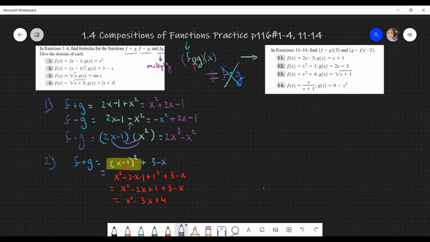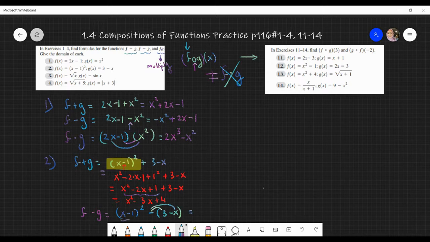Now we need to subtract them. So actually, I don't need to repeat how I distribute this, so I can take the end result. So it will be x minus 1 squared minus the other function. And this is what I meant by make sure you keep your parentheses, because that negative has to be distributed.